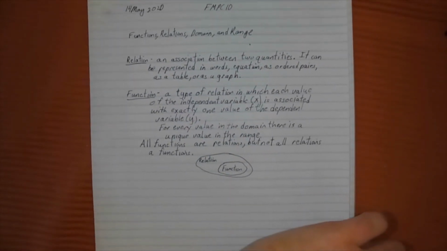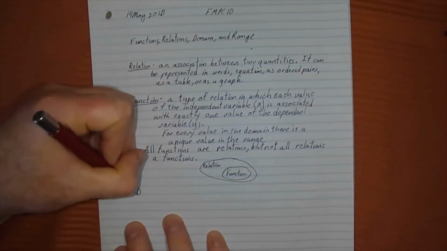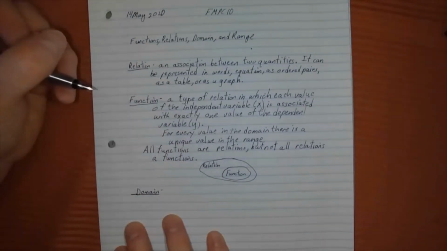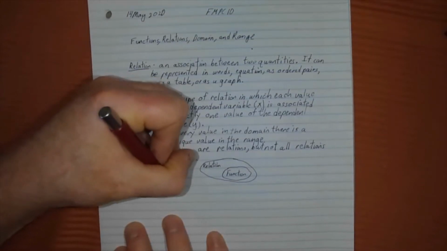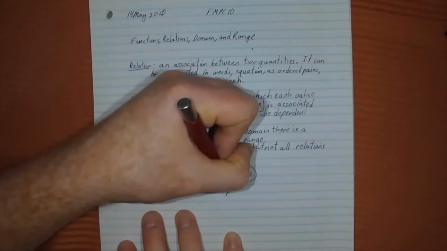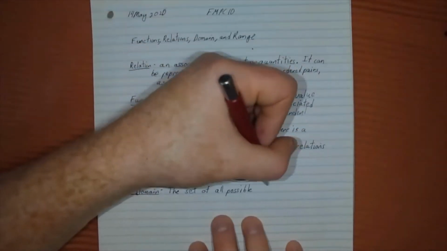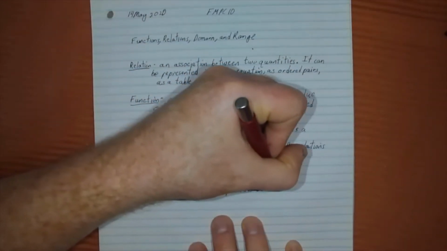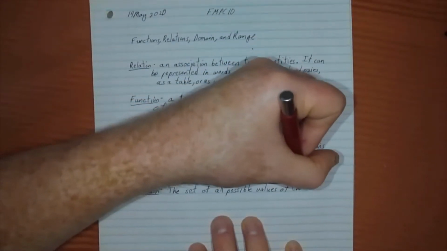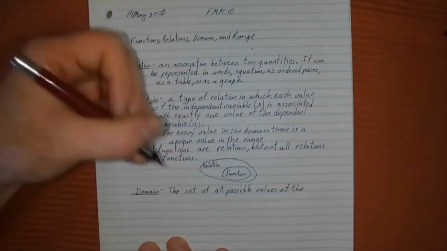First, I would like us to talk about domains and ranges. So let's first define these terms. What is a domain? A domain is the set of all possible values of the independent variable.